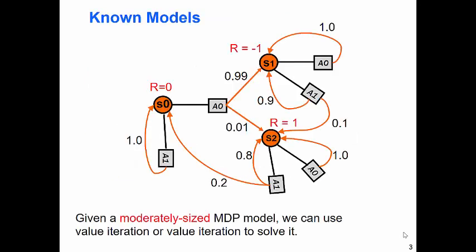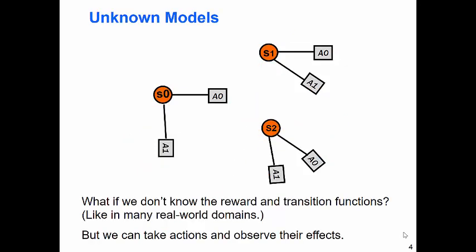So let's talk about this a little bit. This is what we've talked about before. We know a model, I give it to you, you solve it with value iteration or policy iteration. The unknown model situation is more like this, right?